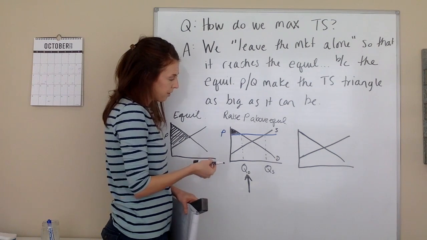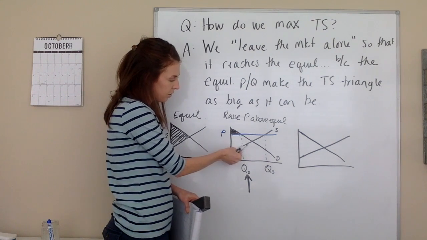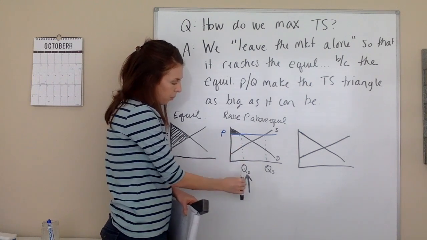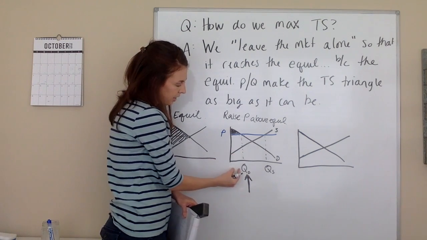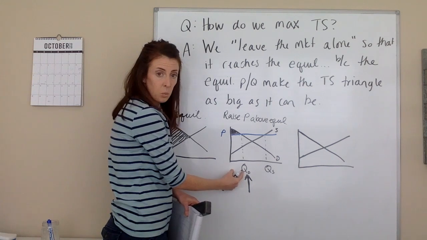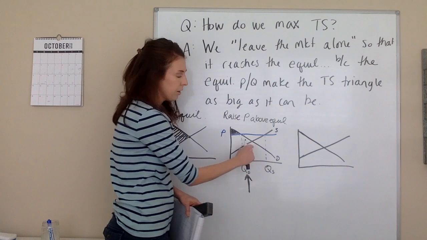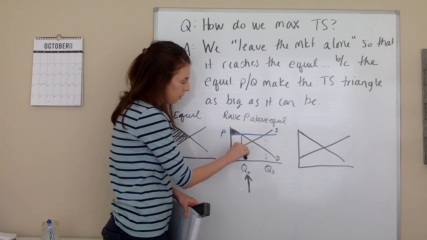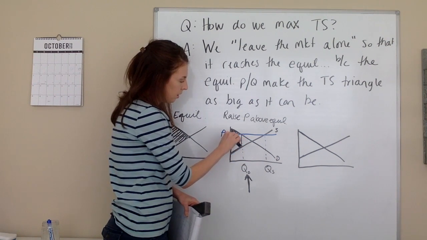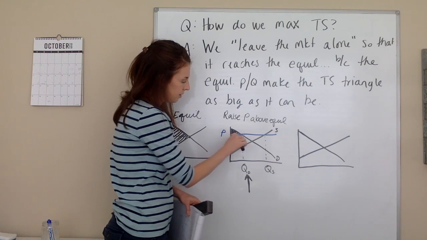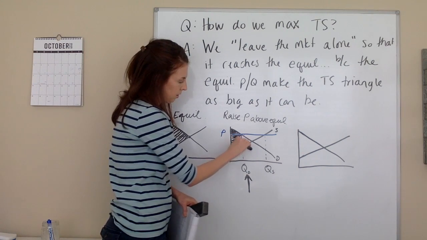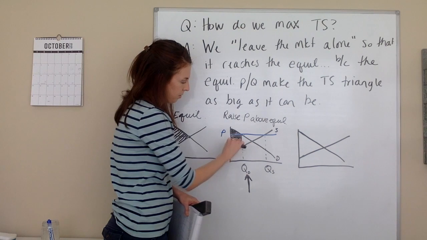And the producer surplus, again, is bounded by the price and the supply curve, but now we've truncated the distance that we go over, because we're only exchanging this many units in the market, not this higher level. So what we get now is a producer surplus that's equal to the area of this shape.